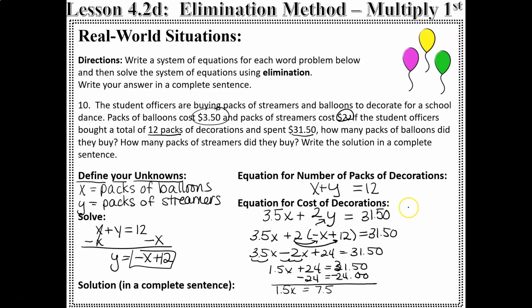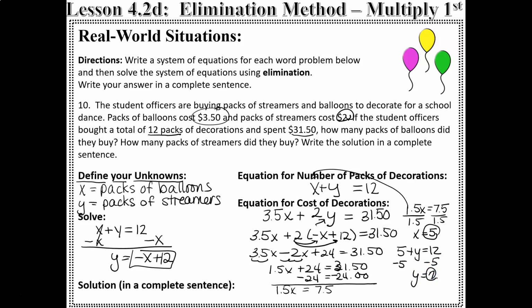When you divide by 1.5, you end up with x equals 5. Now I'm going to plug that 5 right in here. So I have 5 plus y equals 12. I'm going to subtract 5, so y is 7.